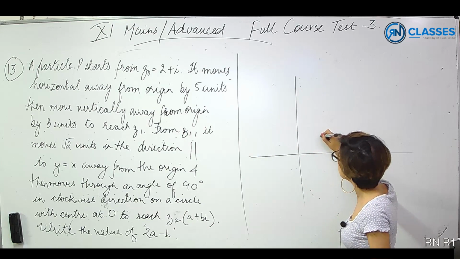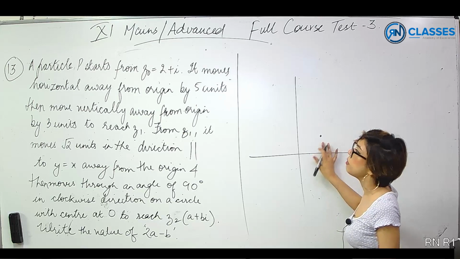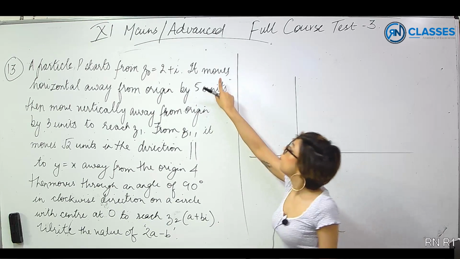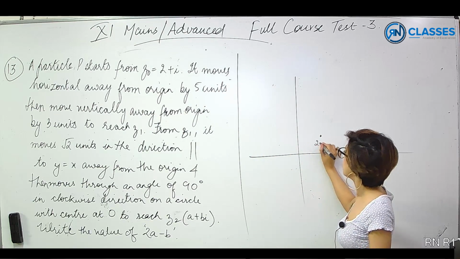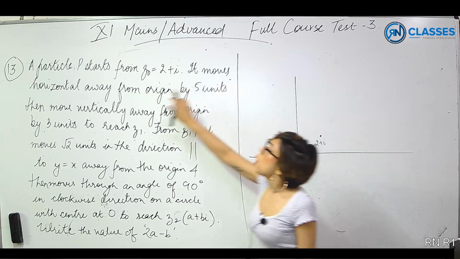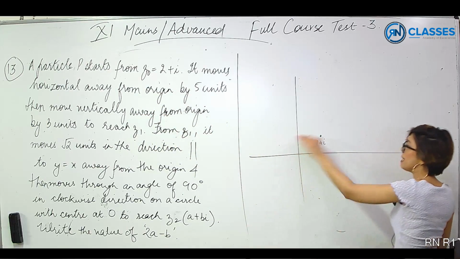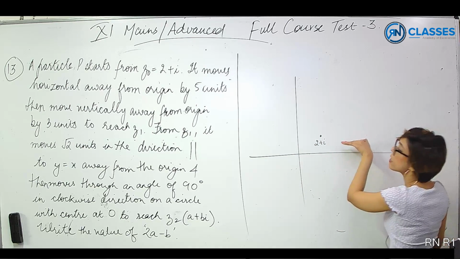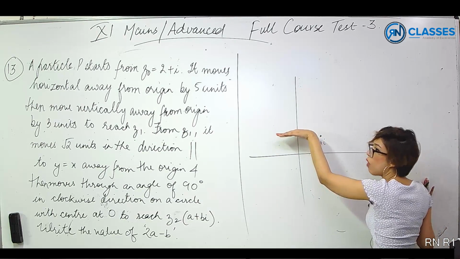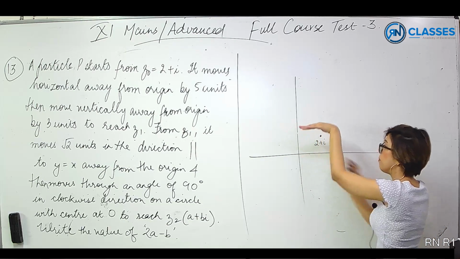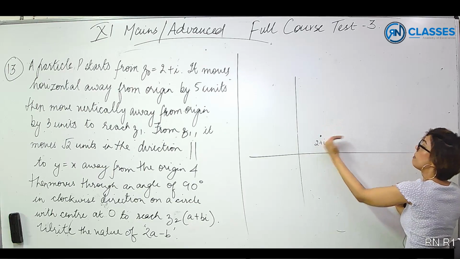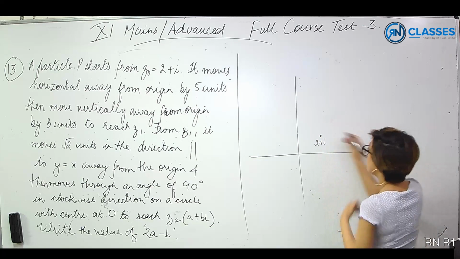So initially my particle P is here, at 2 plus iota. It moves horizontally. Obviously horizontal means like this. Now, he says away from the origin. If I go this direction, obviously it is towards the origin. The origin is here, so horizontally away means he is going in this direction by 5 units.